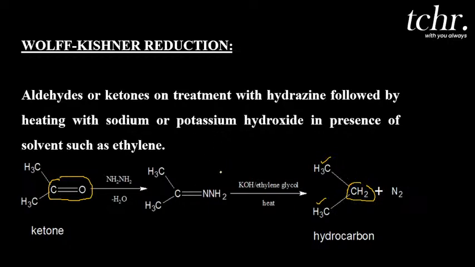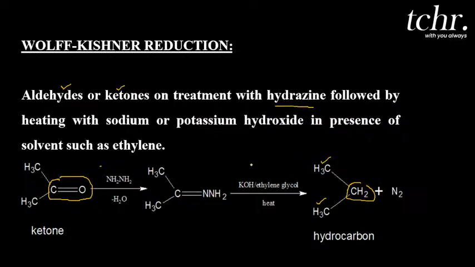But what is the reactant we have taken? We have treated aldehydes and ketones with hydrazine. Hydrazine is NH2 NH2. Okay, so hydrazine also in the presence of a base. So how to remember, students: in Clemmensen's reduction we had taken an acid medium, that is concentrated HCl.